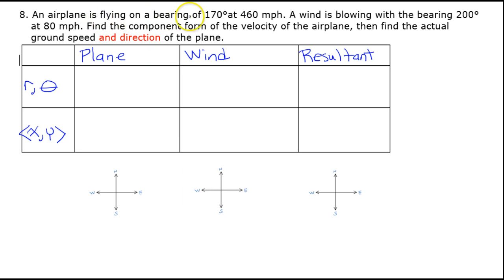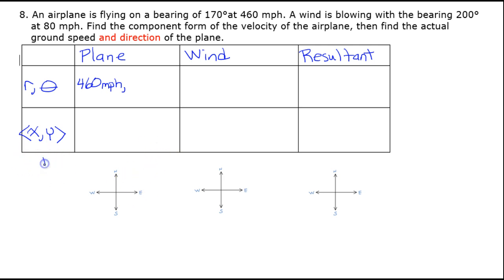A plane is flying at a bearing of 170 degrees at 460 miles per hour. So the 460 miles per hour, that's the magnitude. Let's write that down, 460 miles per hour. Now for the direction, I'm not going to write 170 because on this chart we only write directions that are measured from the positive x-axis.